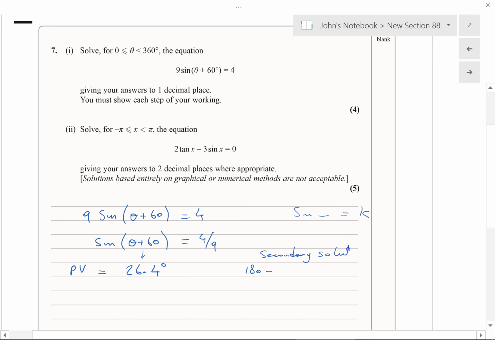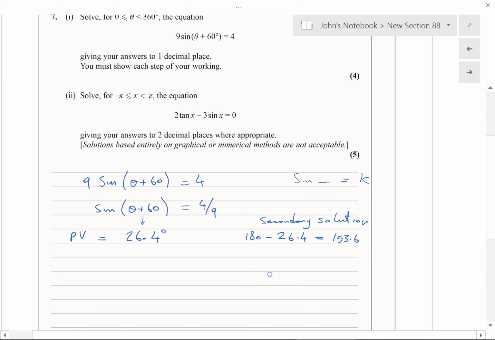You can see, I said I wasn't going to mention the graph or cast, but basically it's equivalent to this one and this one. This is our principal value, and this one's 180 minus the principal value. So I've done that there, just for those who haven't seen it before. So the secondary solution is 180 minus 26.4, which is 153.6.